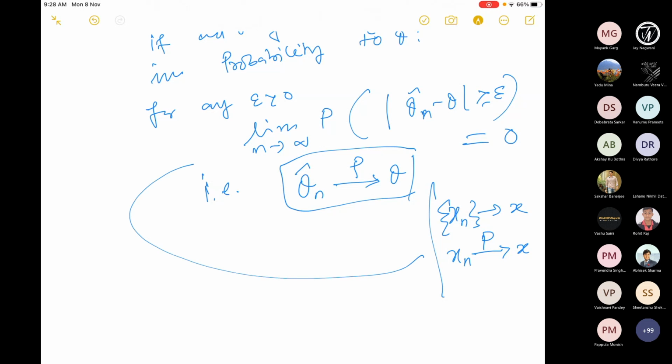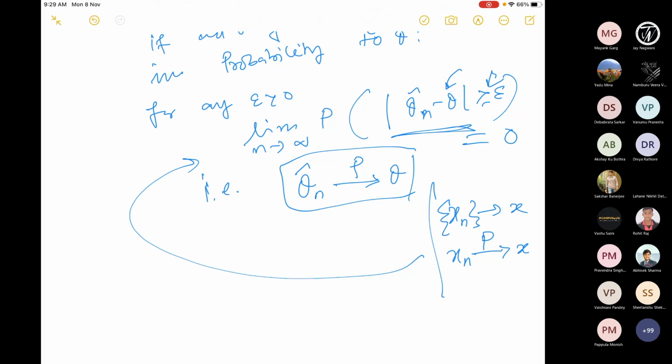The meaning is this: the probability that, when n is large, the value of theta hat n will be far from theta, far meaning at least some distance epsilon away, will happen with probability 0. So when n is large, theta hat n will be close to theta, in terms of probability. Then this is called a consistent estimator, a consistent sequence of estimators.